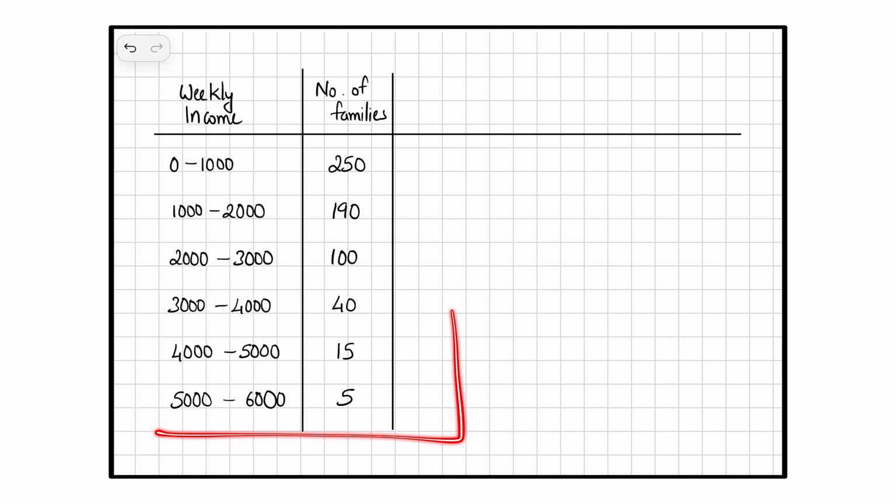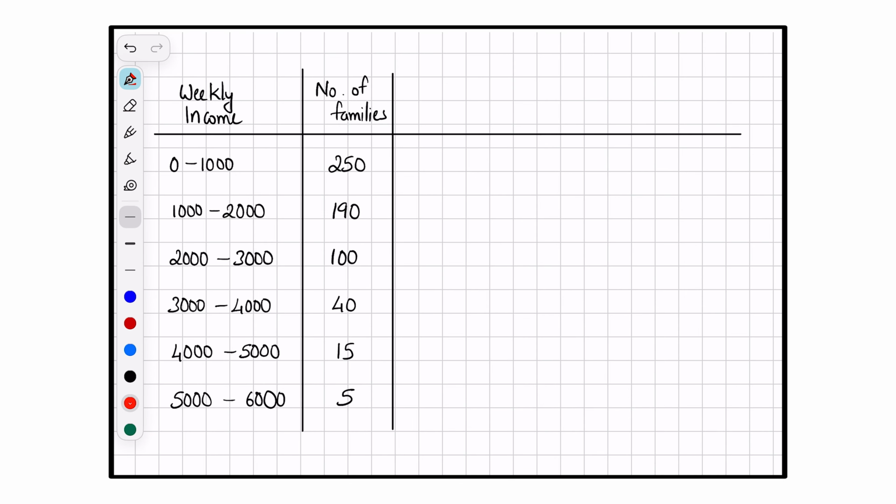So I have the table ready. In the question we have been given this information, that is summation fi is equal to 600. That means n is equal to 600, which means we have information of 600 families. So what will be the middle point?